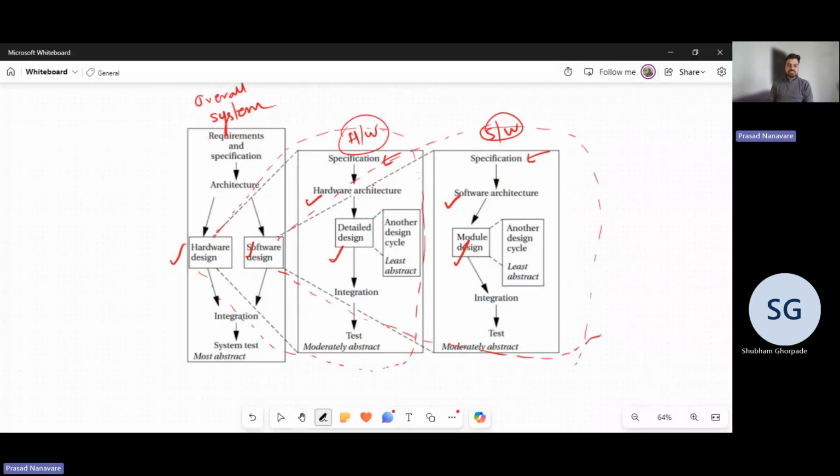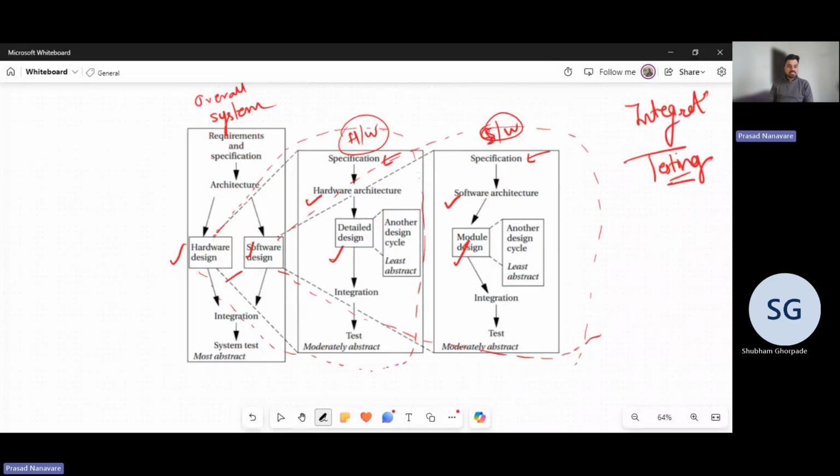Sorry, I've taken medicines. So integration and testing happens individually. In the hardware and software modules, in both, we do the integration and testing. So this is done individually, plus where it is combined.